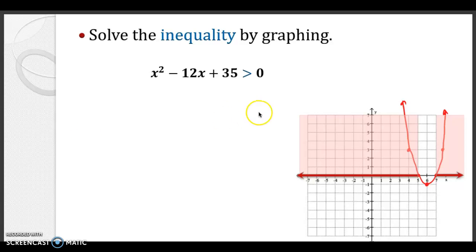So I'm going to have a range of values where the graph is greater than 0, or above the x-axis. This is what this is saying. Well, from negative infinity to 5, and then from 7 to infinity. Right? So that's what we're doing when we're solving an inequality.